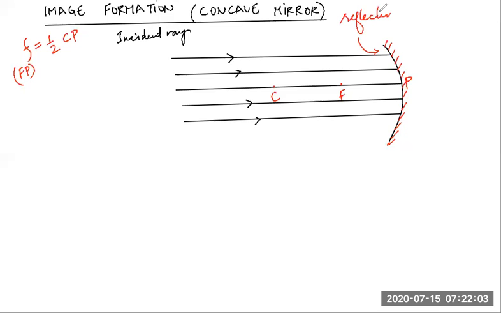This is the reflecting surface of the concave mirror, right? Had this surface been shaded and the bulging part been the reflecting surface, I would have called this mirror a convex mirror.